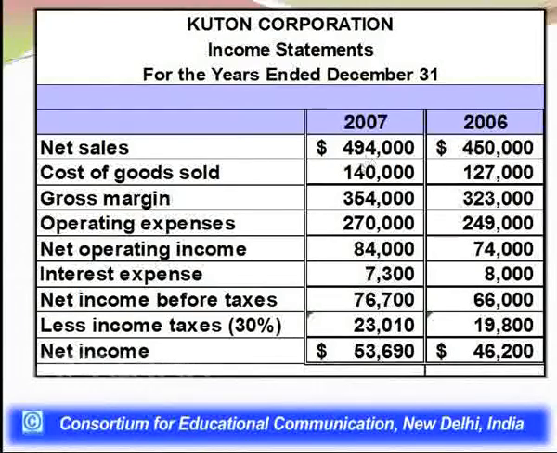This is something important to note: the gross margin is 354,000, a huge amount, whereas your net operating income is 84,000, a very steep downward trend in the total margins after operating expenses.